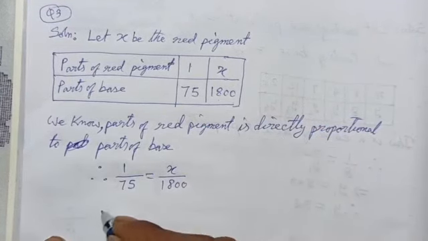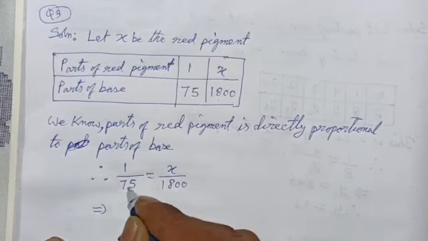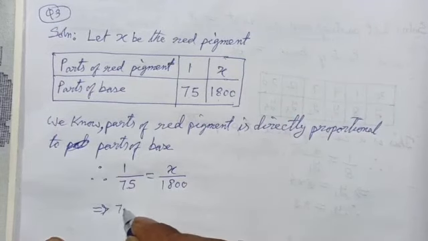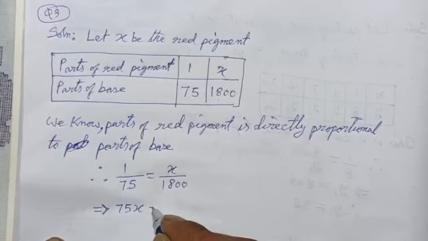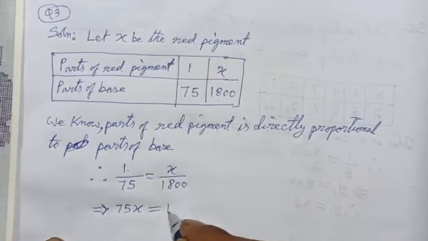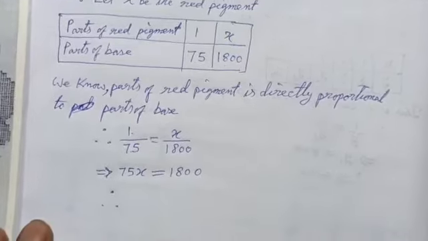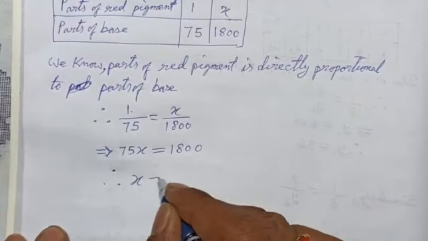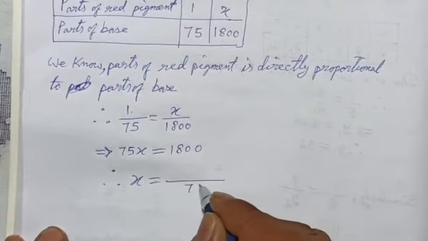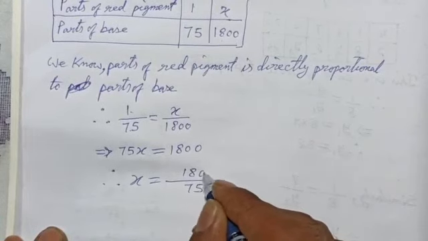Now cross multiplication. 75 and X are multiplied, then 75X. 1 and 1800 are multiplied, then 1800. Therefore, X is equal to 1800 divided by 75.